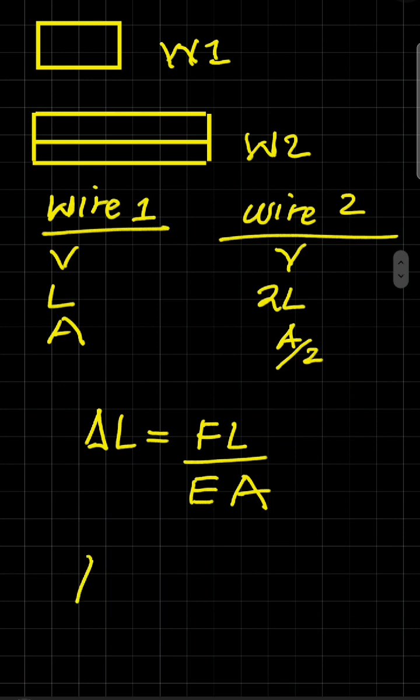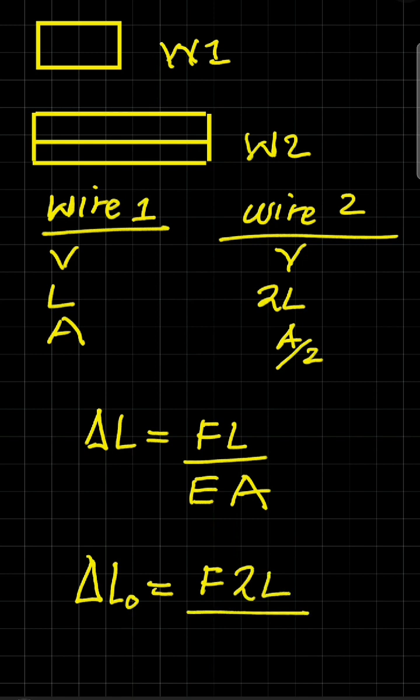So the extension of the second wire, let's name it delta L naught, will be equal to the force, since both wires had the same force, and the length, which is 2L.